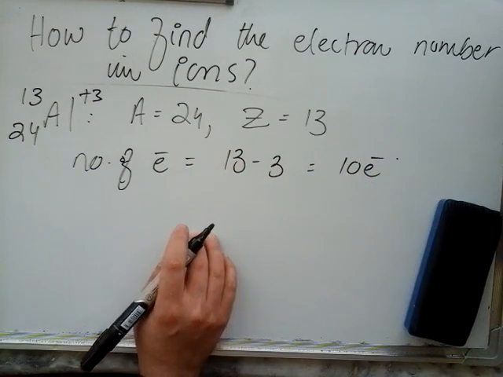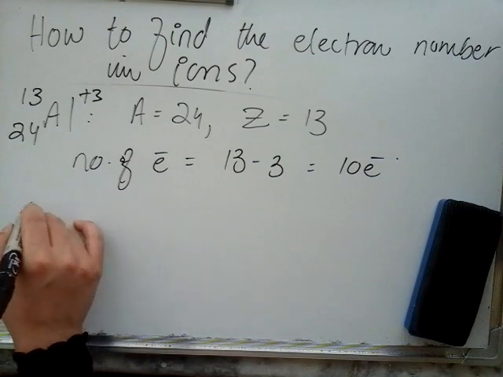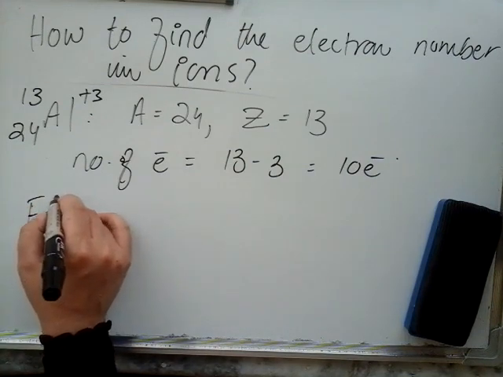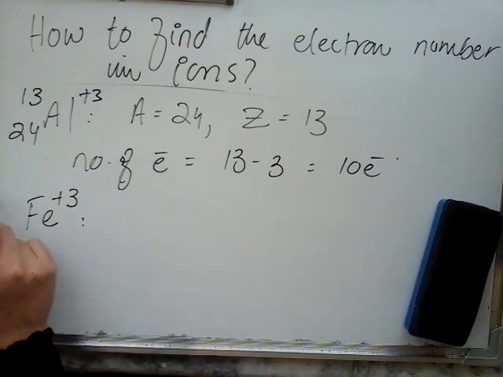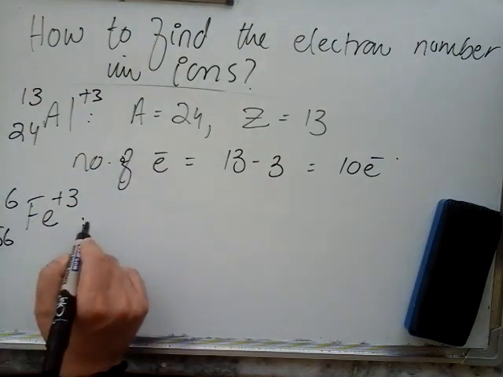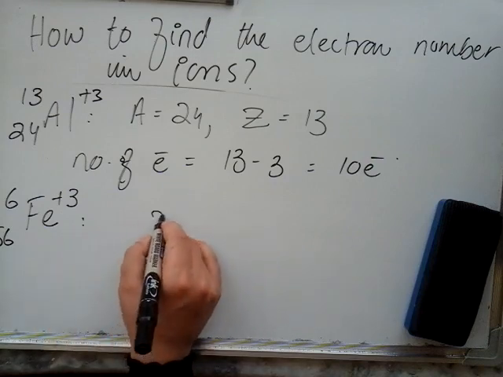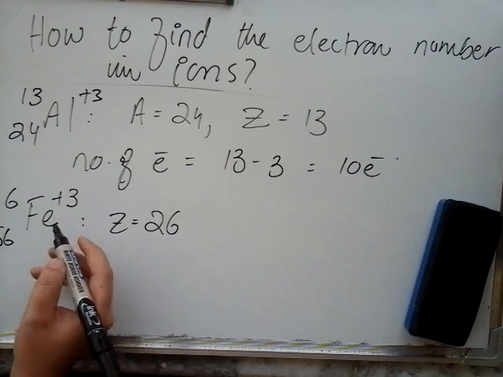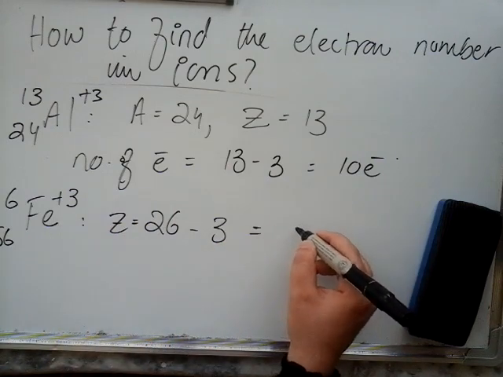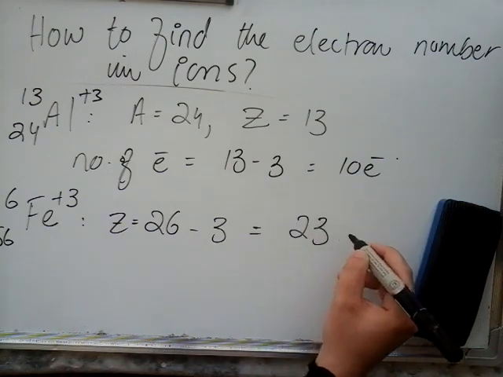Is that clear? So for example, iron. Iron atomic number is 26 and mass number is 56. From this atomic number we will deduct 3 and its electrons would be 23.